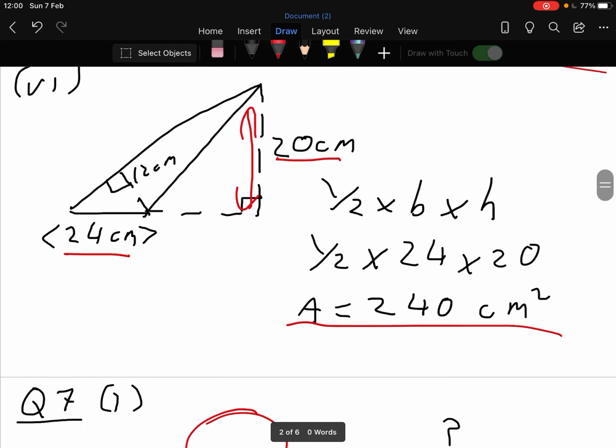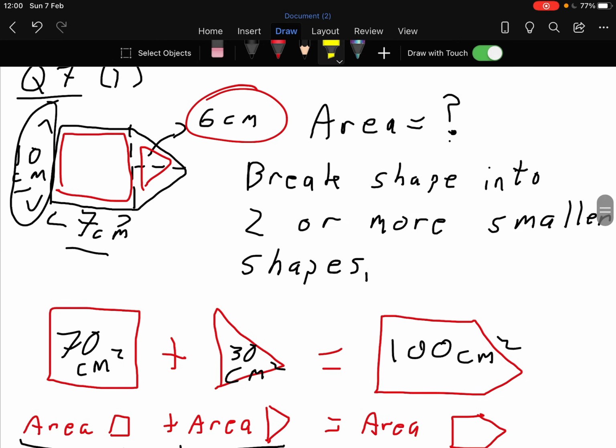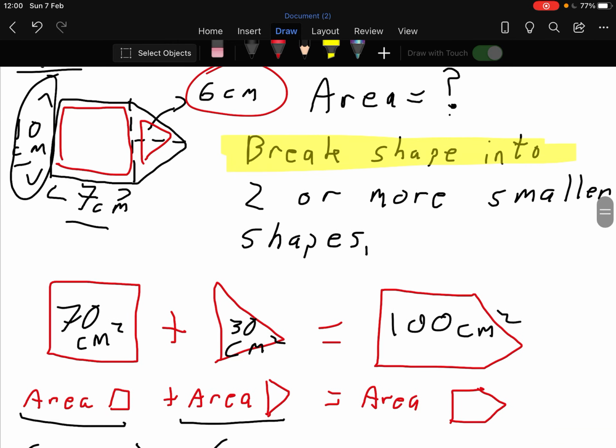All right. Now, when it comes to awkward shapes like this from question 7 on, so in the book, guys, if you want, have a look at question 8, see how you get on with it. Okay, all right. Break the shape into 2 or more smaller shapes. That's always the first thing you do. So here we had this big weird shape, but if you look at it closely, it's basically a rectangle and a triangle. So get the area of the 2 individual parts.